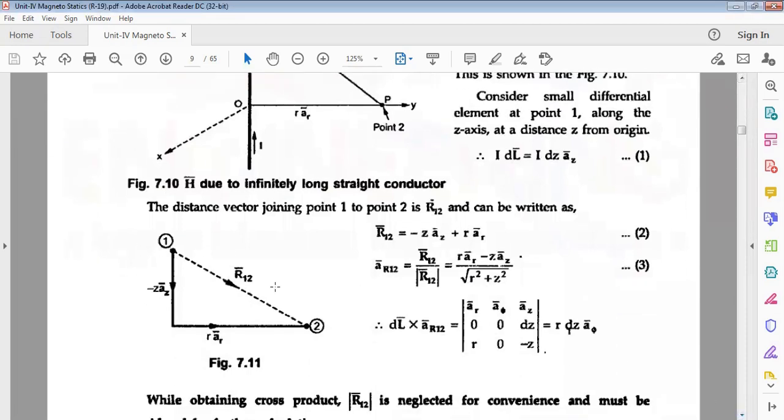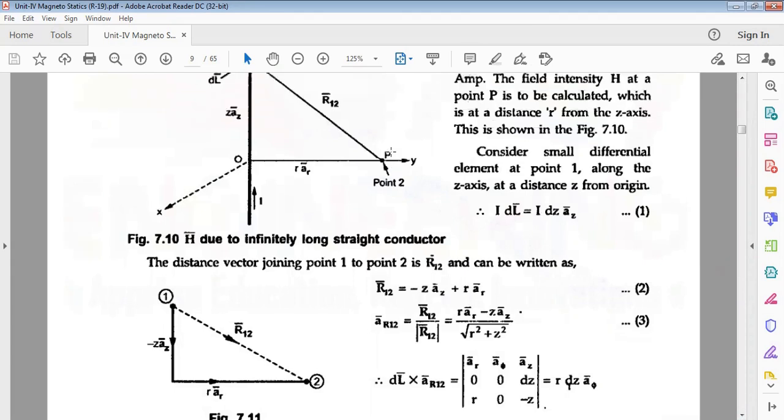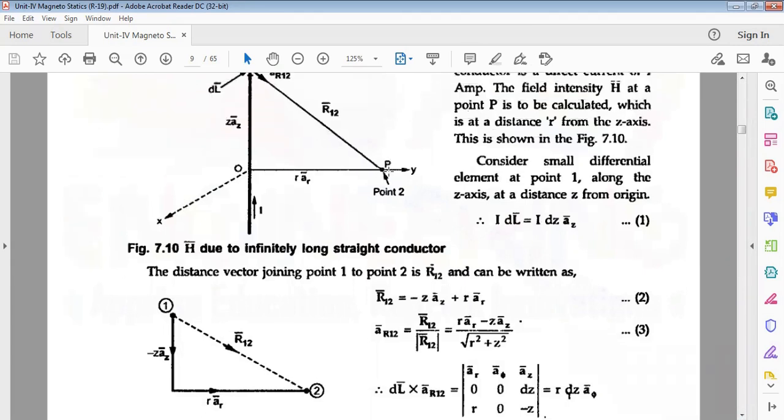So assume a right angle triangle like this, with the point P here. To find the magnetic field intensity at point P, you get the downward direction of z into a_z bar and the positive y direction, which is PR bar.